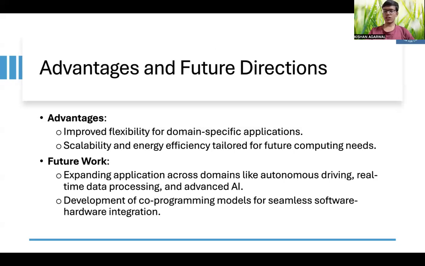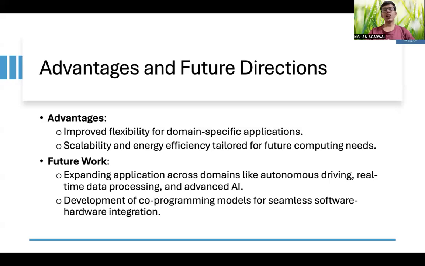The first one which we have discussed is the hierarchical structure. Next comes our future work, which we can work on: expanding applications across domains like autonomous driving, real-time data processing, and advanced AI. Like we have discussed already the IoT and AI.